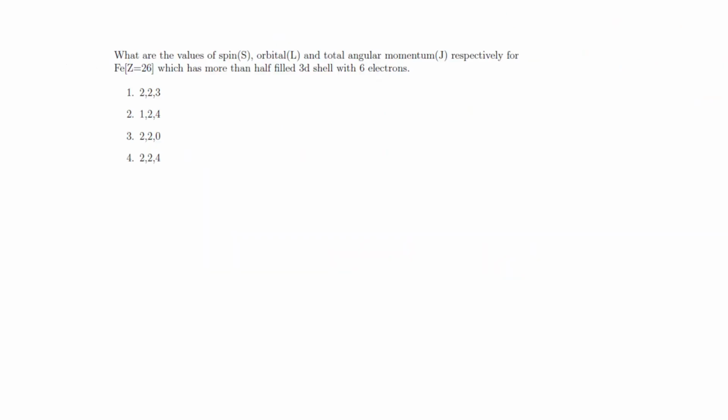Now there is one more question here, the 10th question. What are the spin, orbital and total angular momentum values for Z equal to 26? This is a transition metal element, and we'll look at the electronic configuration. 26 means there are 6 electrons in the outer cell.